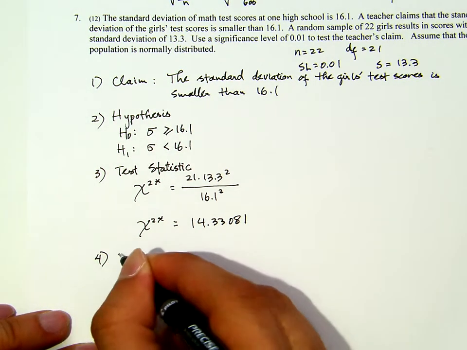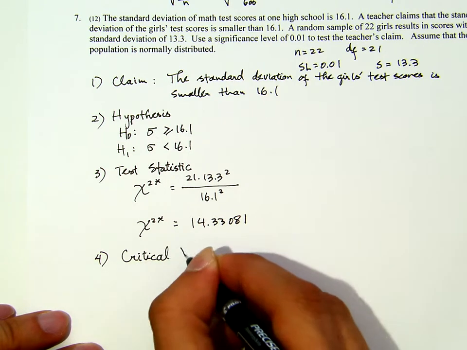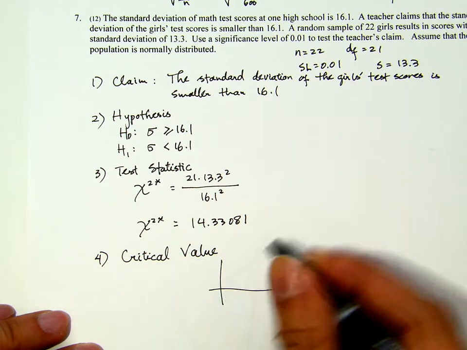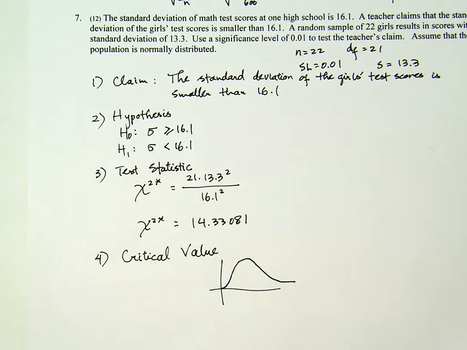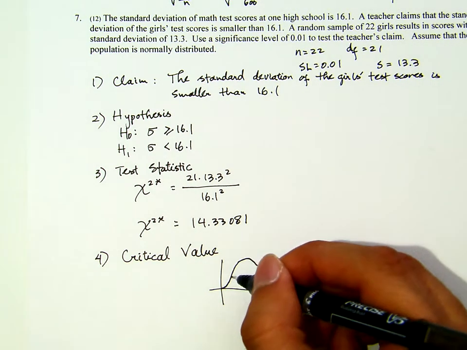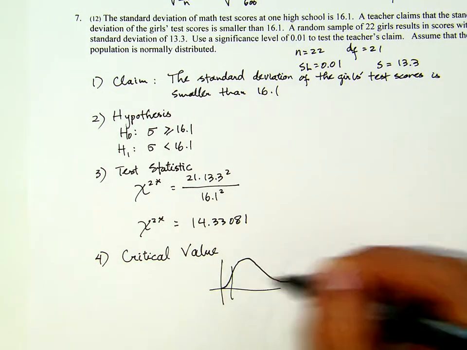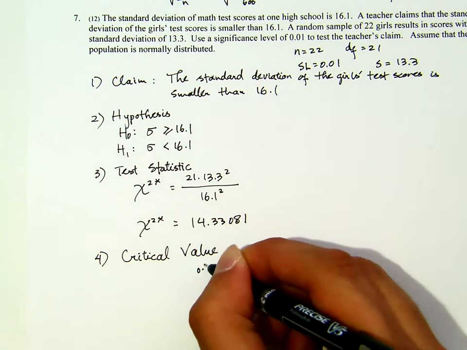Step 4, the critical value. Notice that we use the chi-squared distribution here, right? Because we are testing the standard deviation. Now, in the chi-squared distribution we need the left tail, right? We need the left tail because it has to be less than 16.1, and the significance level is 0.01.